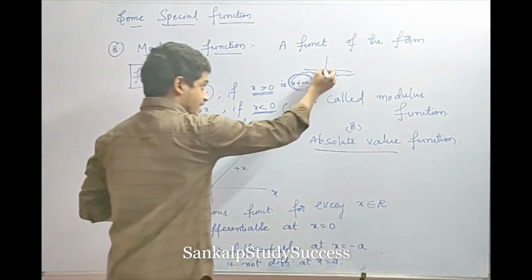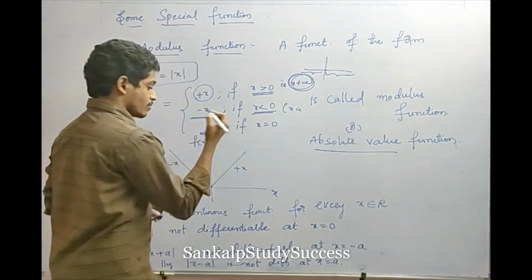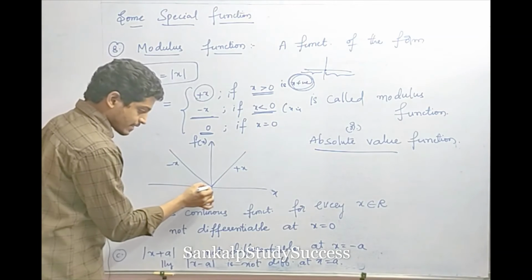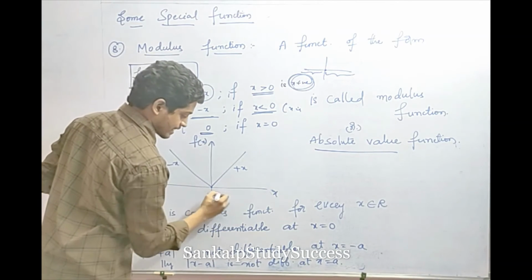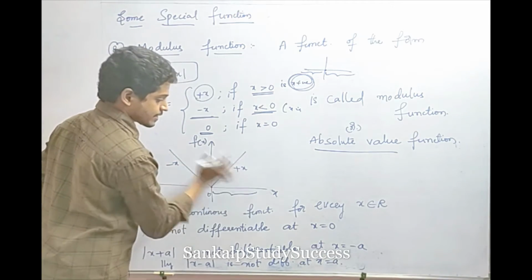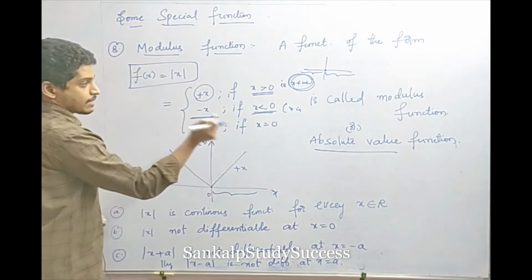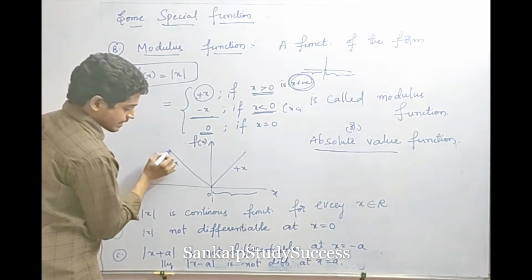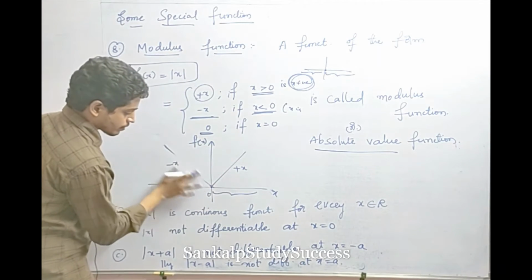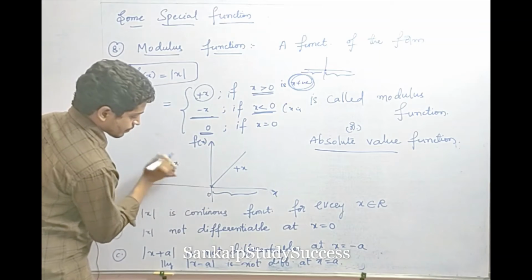At x equals 0, the value is 0. Look at the diagram, friends. For x greater than 0, the value is increasing, that is positive x, and for x less than 0, the function is minus x, that is decreasing. Right?